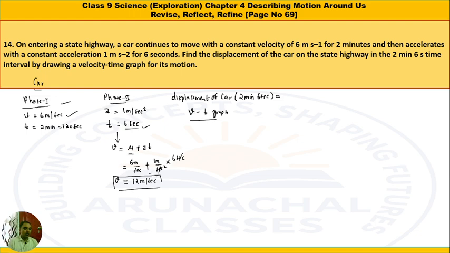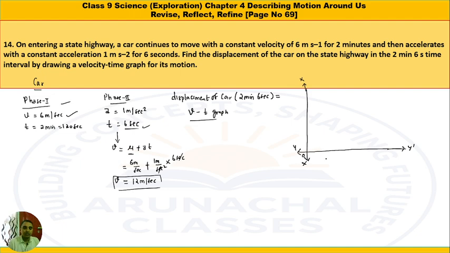Now we will be drawing the graph first. Here it is your graph. This is a vertical and horizontal line. This is x dash, this is y dash, this is your origin.